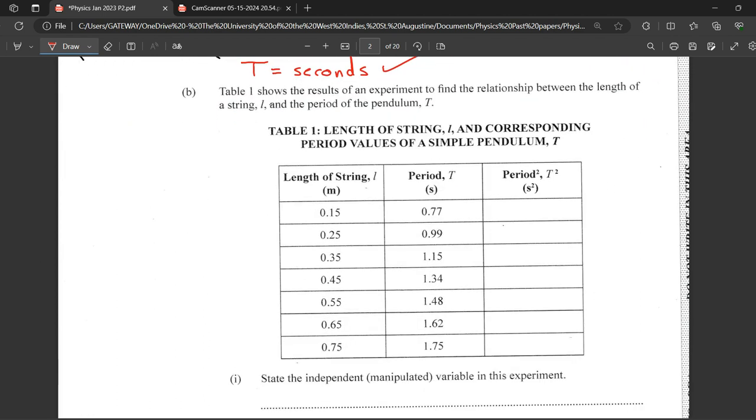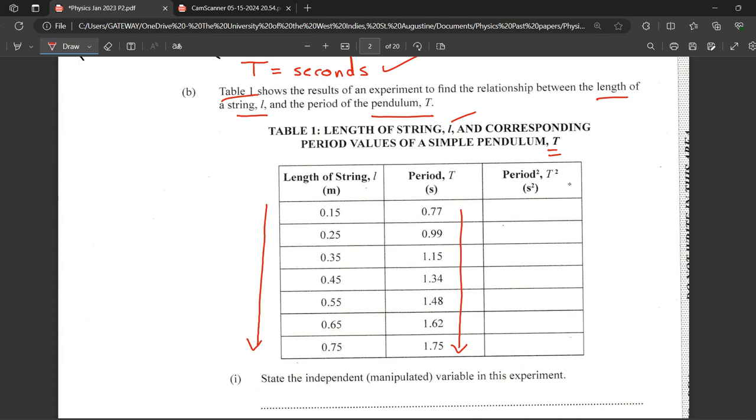Now part B: Table 1 shows the results of an experiment to find the relationship between the length of a string L and the period of the pendulum T. As the length of the string increases down the column, the period values increase as well.